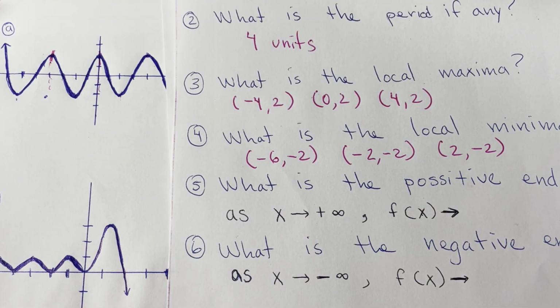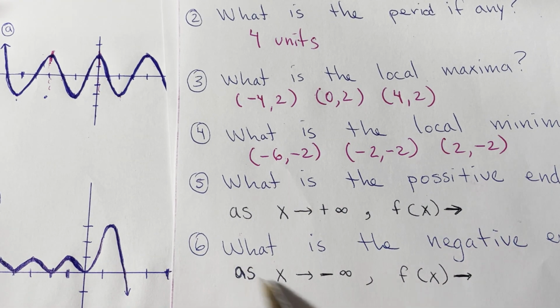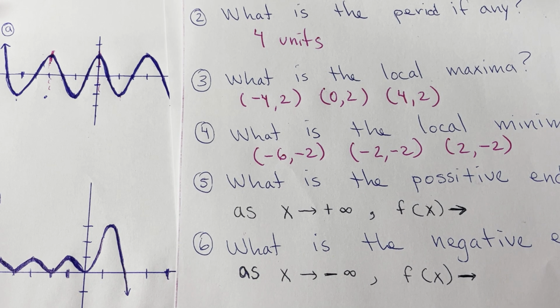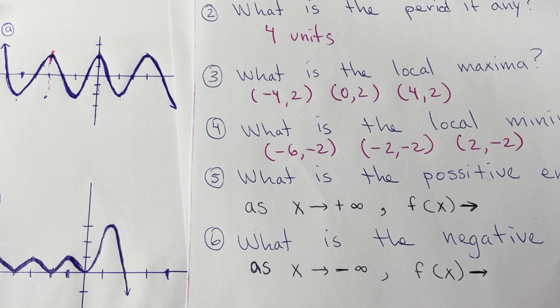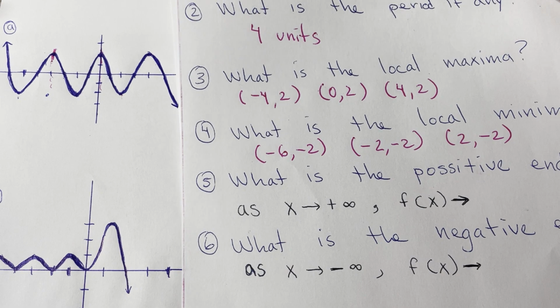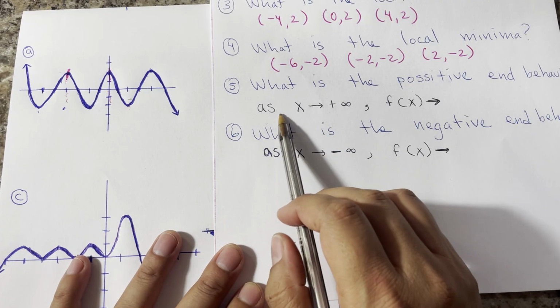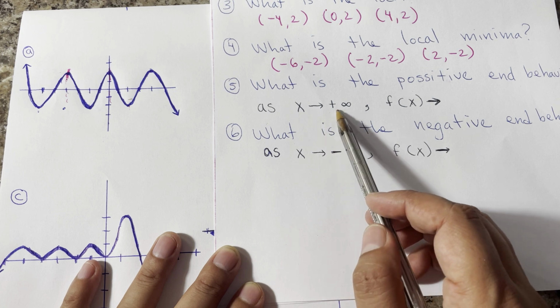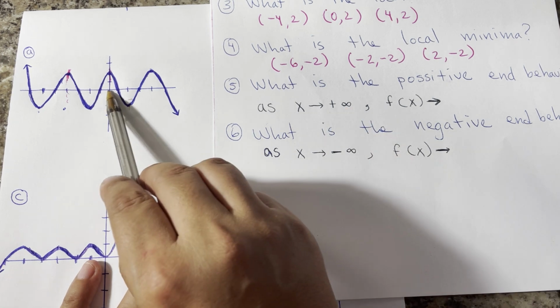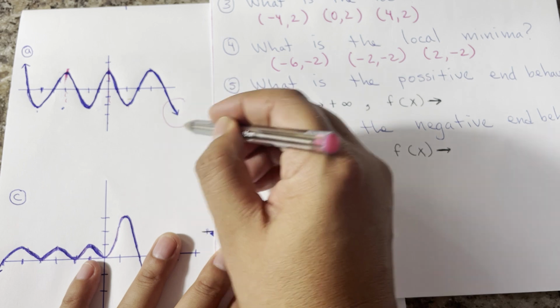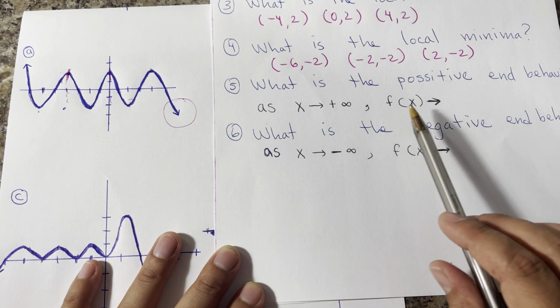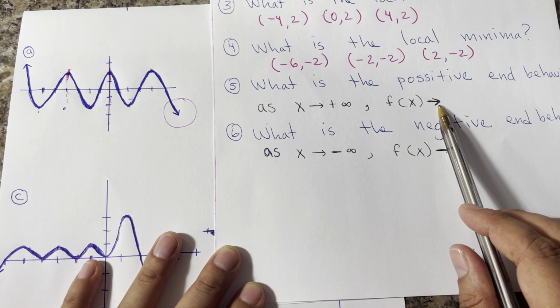What is the positive end behavior? So for this one, I drew the arrows and I ruined it for the other questions. But again, if those arrows were not there, these would be the answers. For the end behavior, as x approaches positive infinity, it means this end. f of x approaches what?